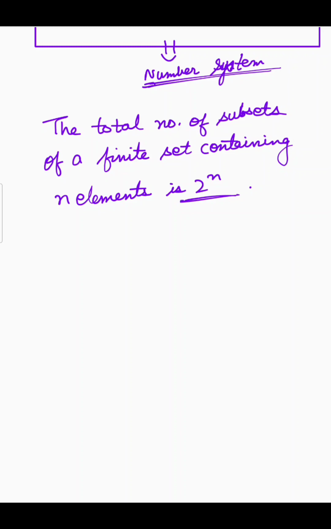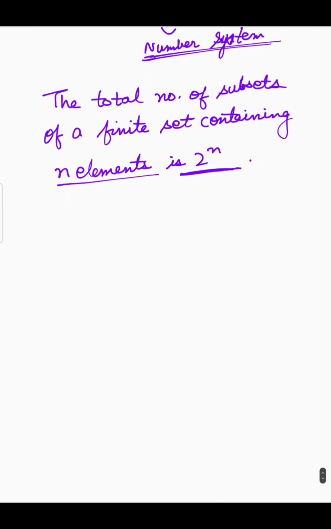Okay, so the total number of subsets of a finite set containing n elements is 2 to the power n.